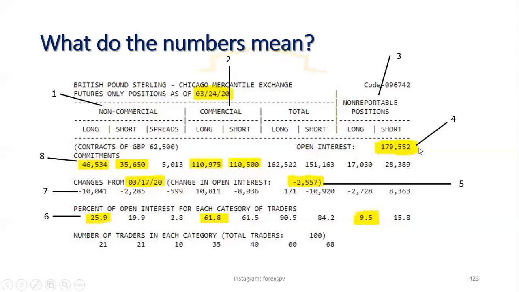And here we can see the open interest is around this number and the change is negative. This simply means market has liquidated. And if you look at it, for the number of longs, there are around 10,000 contracts that were closed around this time. But then these large speculators did not add the number of shorts.